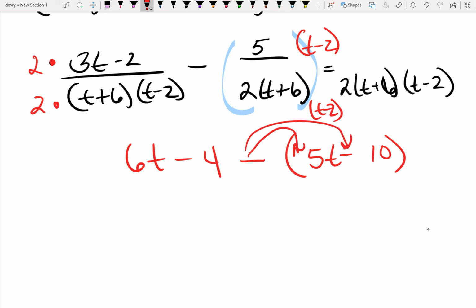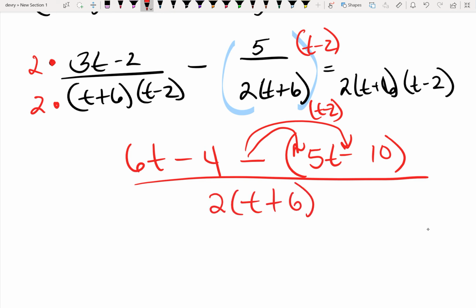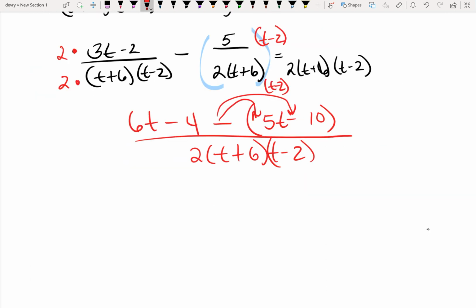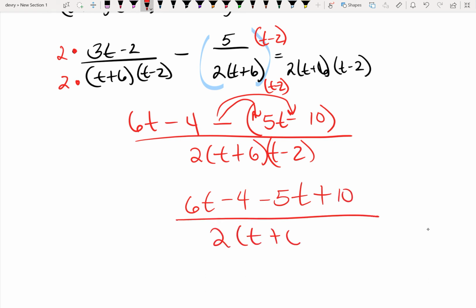Terrible use of words. I shouldn't have said infect. 2 parentheses, t plus 6, t minus 2. And so if I distribute that negative, this becomes 6t minus 4 minus 5t plus 10. And all of this over 2 parentheses, t plus 6 and t minus 2.